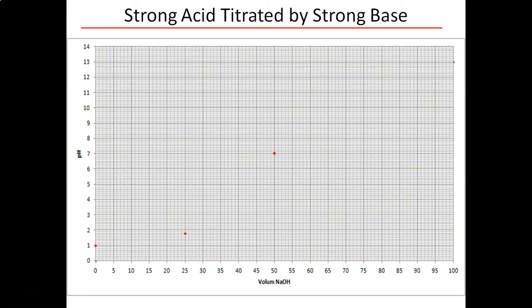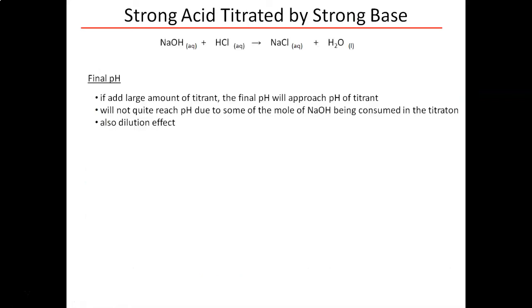Right here we can already see that this violates something we might intuitively have thought. We might have thought that if my pH at the start is 1 and my pH at equivalency is 7, when I'm halfway my pH should be halfway, 4, but it's not. It's still down here.